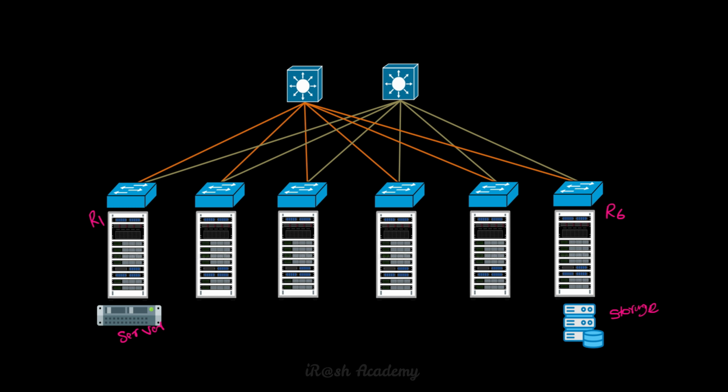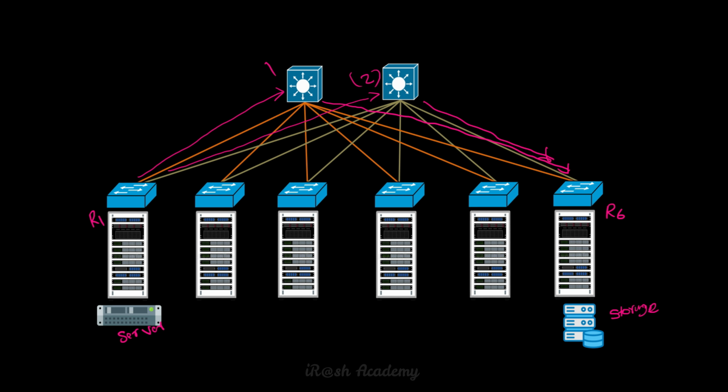The server can use this link and reach switch number 1, and from there it can reach rack 6. This is the one link. And the second link is where the server reaches switch 2, and from there it reaches rack 6. So which link will the server use to reach the storage? Link 1 through switch 1 or link 2 through switch 2?